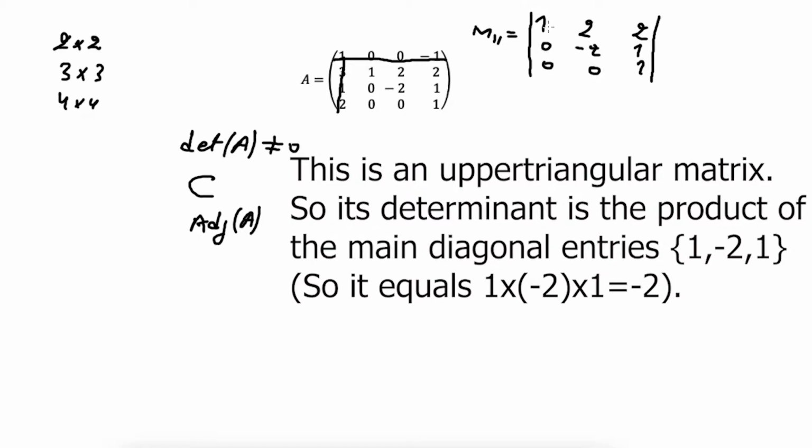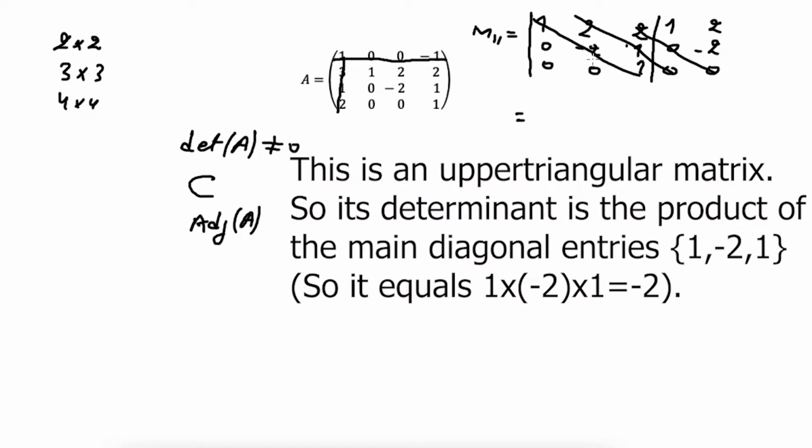We'll write these two columns here, 1 0 0, 2 minus 2 0, and the determinant will equal the product of the entries on the main diagonal, plus the product of this element, plus the product of this element.